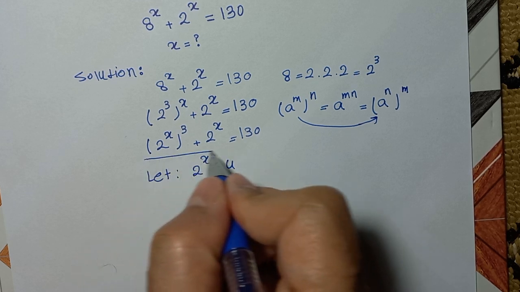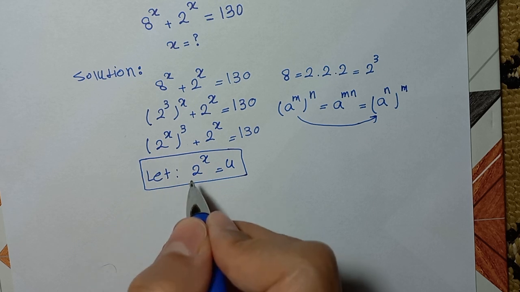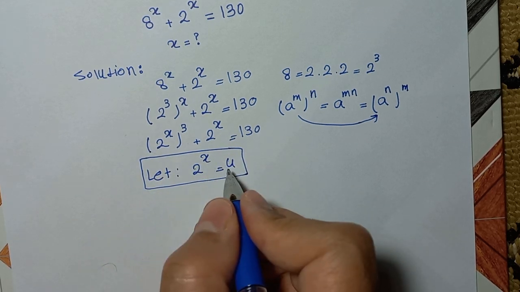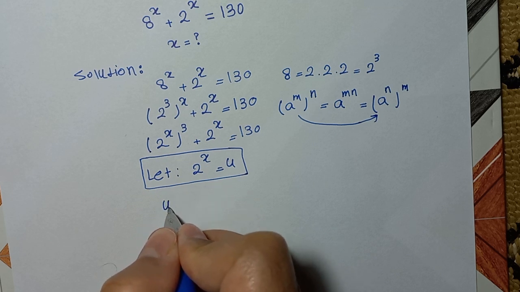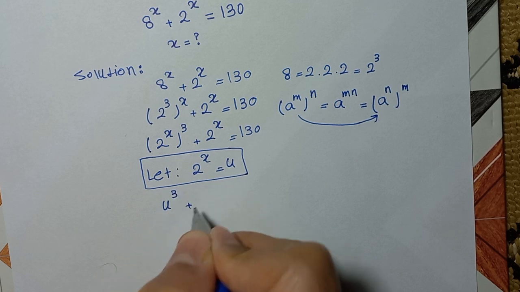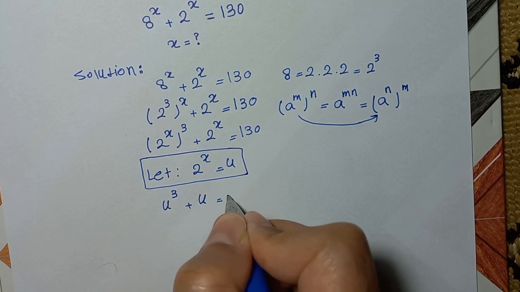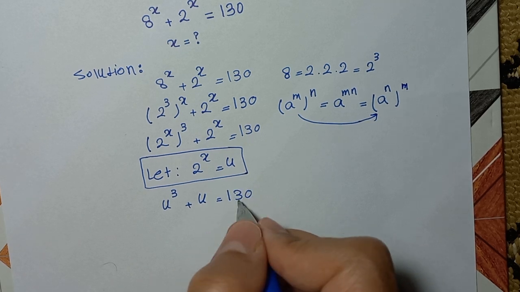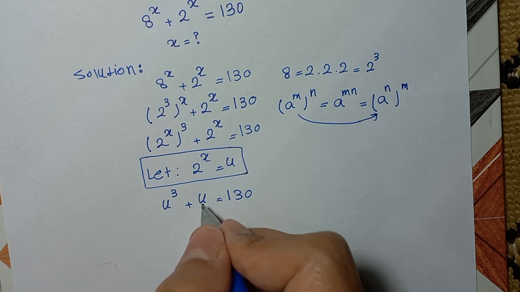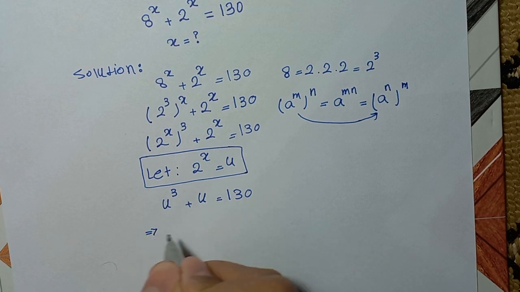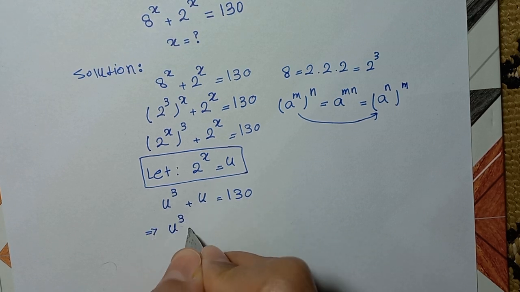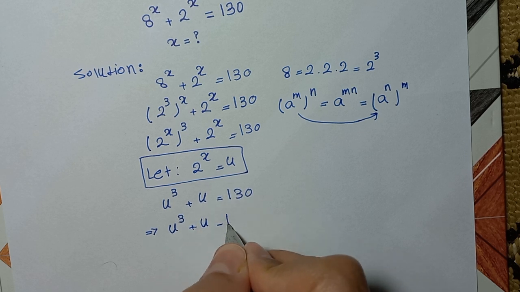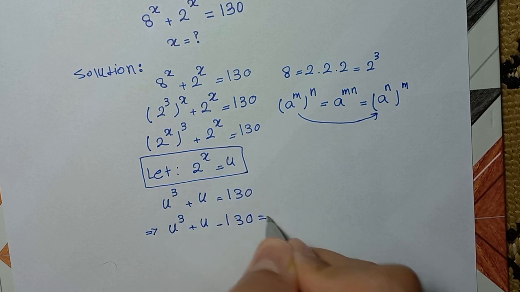So if we substitute this to this equation, it will be 2 to power of x is u. So in here we have u to power of 3 plus u is equals to 130. And in here, if we move this positive 130 to this side, it will be u cube plus u, and positive 130 to this side will be negative 130 is equals to 0.